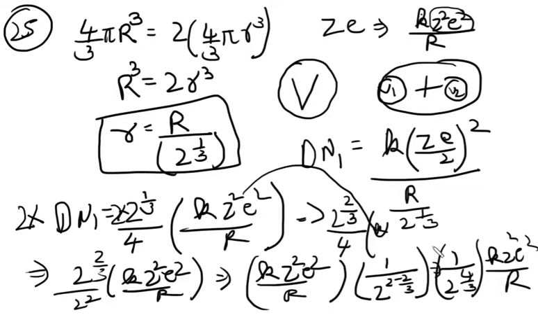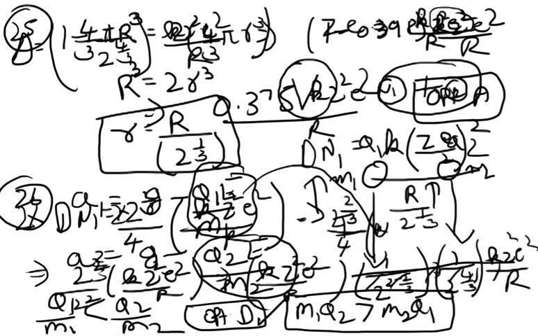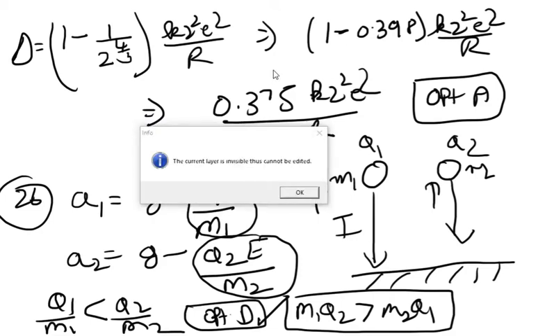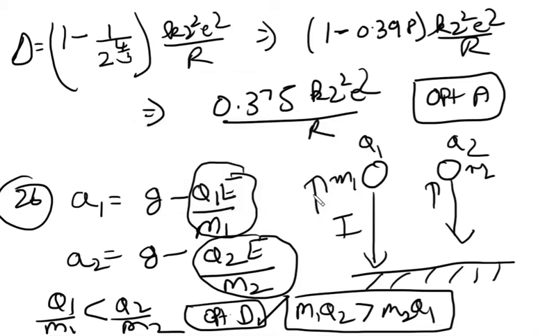Change is 1 minus this quantity, which will be further clear on the next page. Next page we have this. So 1 minus 2 power 4 by 3, the answer comes approximately equal to 0.375.